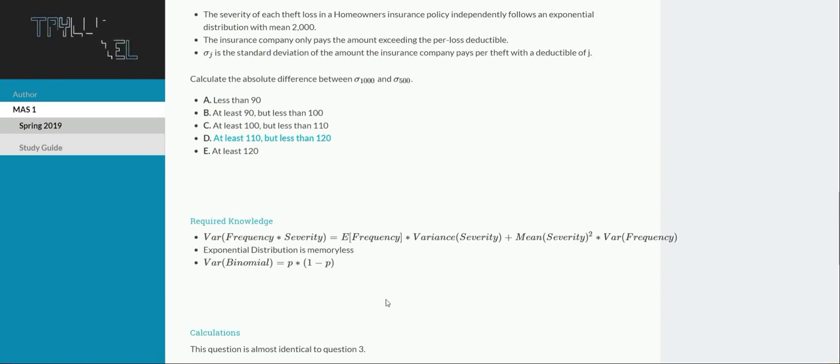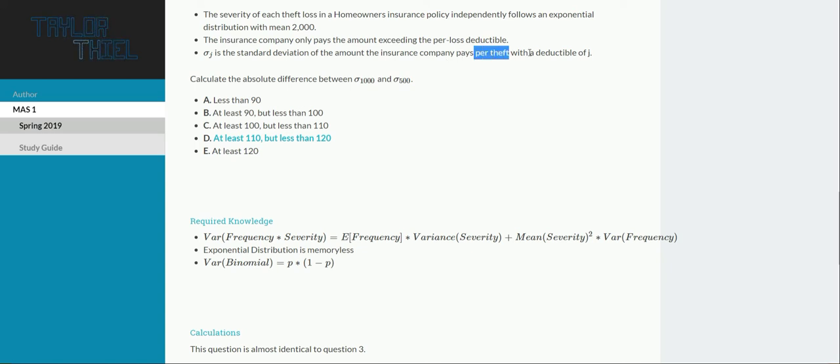The one interesting thing about this question, or a way in which it differs from question 3, is in this third bullet point. In question 3, I believe it was per unit of time, so something like claims per day. But this is interested in what the company does per theft.